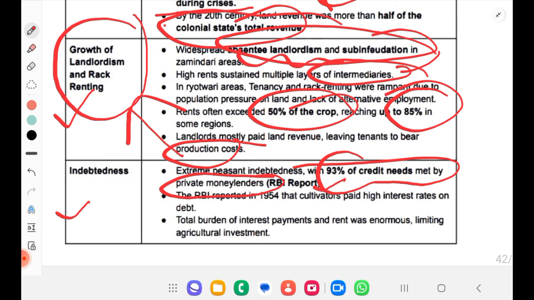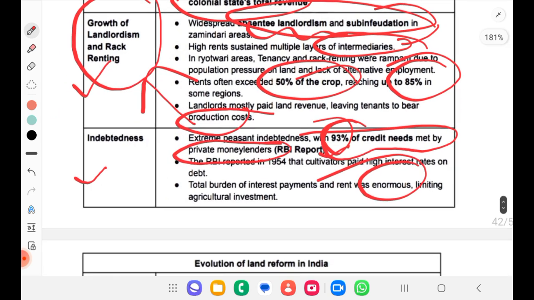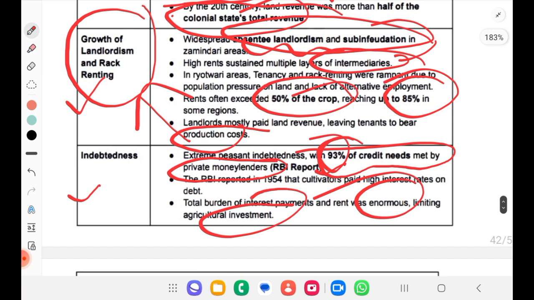According to the RBI report, it was 93% from private money lenders. The RBI reported in 1954 that cultivators paid high interest rates on debt. Total burden of interest payments and rent was enormous, limiting agricultural investment. So they were not able to invest much.